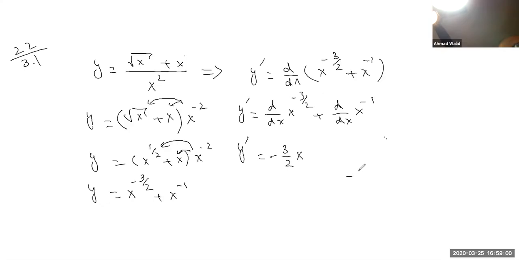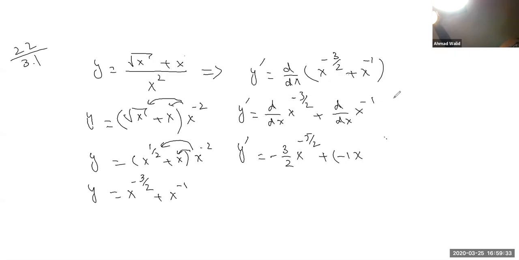Y prime equals negative 3/2 x to the power of, what is negative 3/2 minus 1? Let's calculate. It means times 2 times 2. Negative 3 minus 2 gives you negative 5 over 2, right? Plus negative 1 times x to the power of, subtract 1 from the exponent.